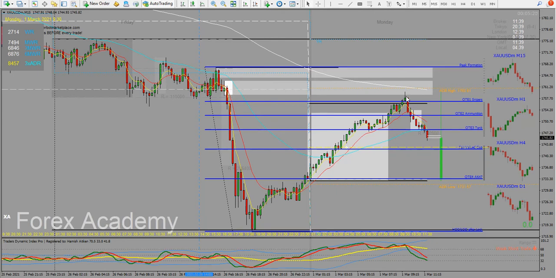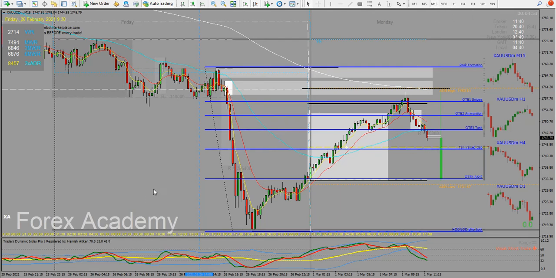And since I saw the rejection on this candle, just on the previous week low, we could have used the previous week low as our stop loss, not the one that I've shared, but it was very clean, guys.